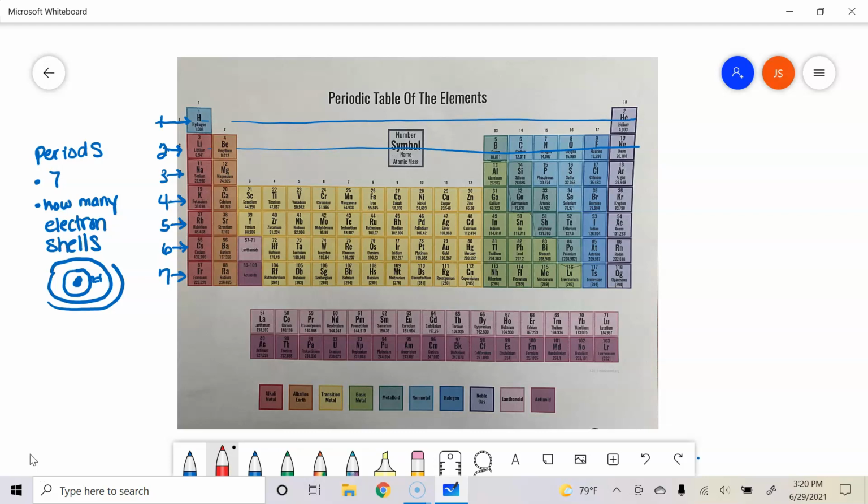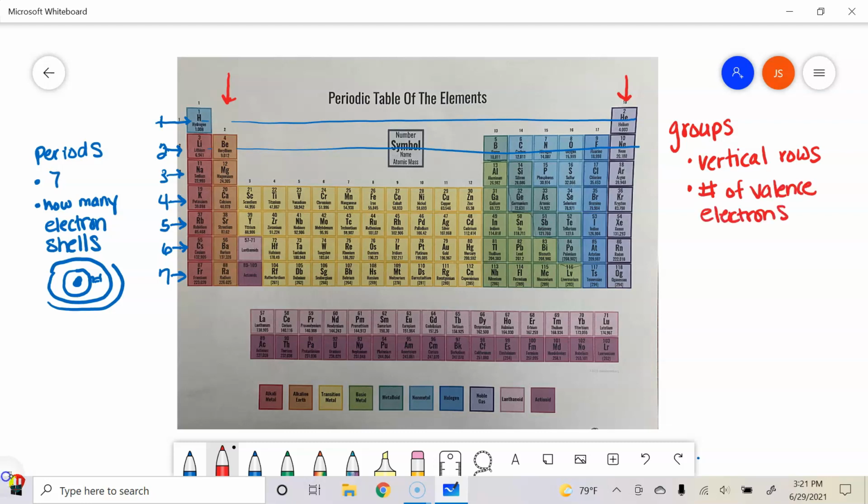Now let's look at going up and down. Going up and down in columns, we call these groups. Groups are vertical rows, and these are going to be important because they're organized based on the number of valence electrons. Now there are 2 ways that we label groups on a periodic table.